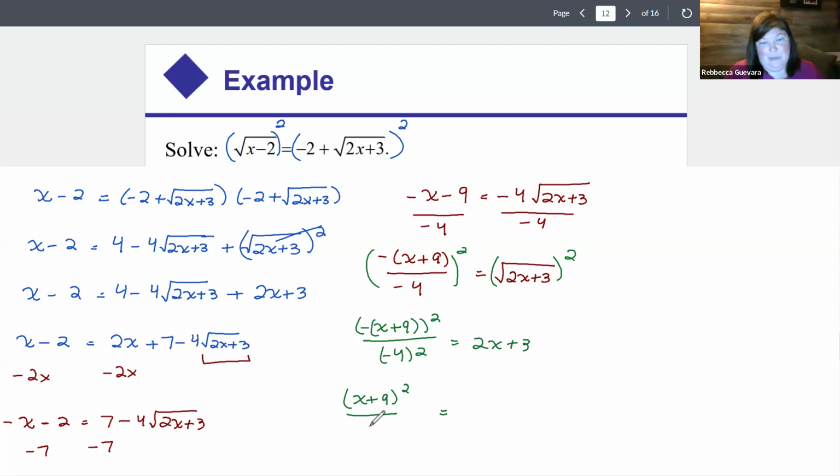And then on the bottom here, we just have 16. Another way you could have thought about it is I eliminate my negatives here, if that's a little easier to look at. And that gets rid of my negative here and here.